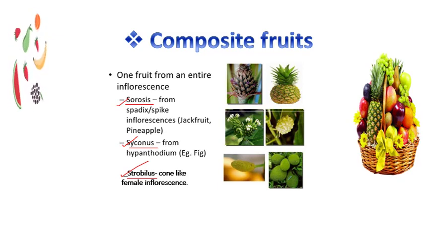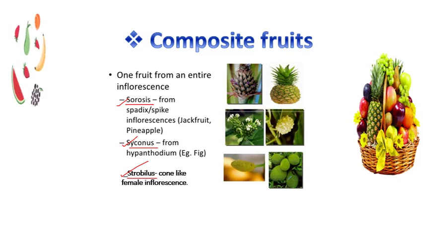The last one is Strobilus. It is also a composite fruit and forms a cone-like female inflorescence. It is found in different plants.